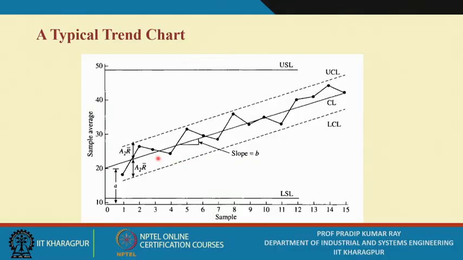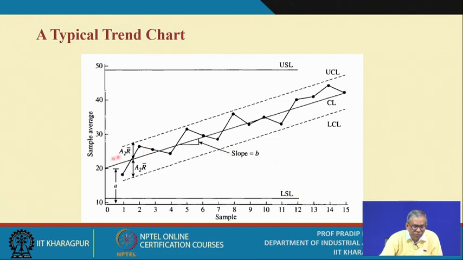Let me explain it. Here, this is the central line, and it is not horizontal. It has a slope, denoted small b, with the horizontal, and it has an intercept, denoted small a.